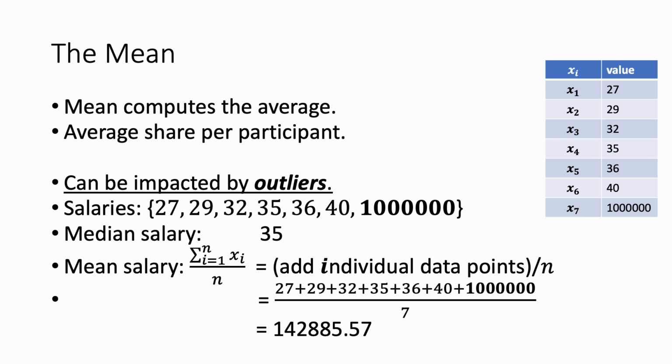So xi means any individual value of x, and the Greek symbol sigma means the sum of all individual values. Because there are 7 data points, I've written out 7 x variables. So x1 represents the first value and x7 represents the last value, and we have just added all of them because the Greek letter sigma means you add all those values. And this is how we calculate the mean.